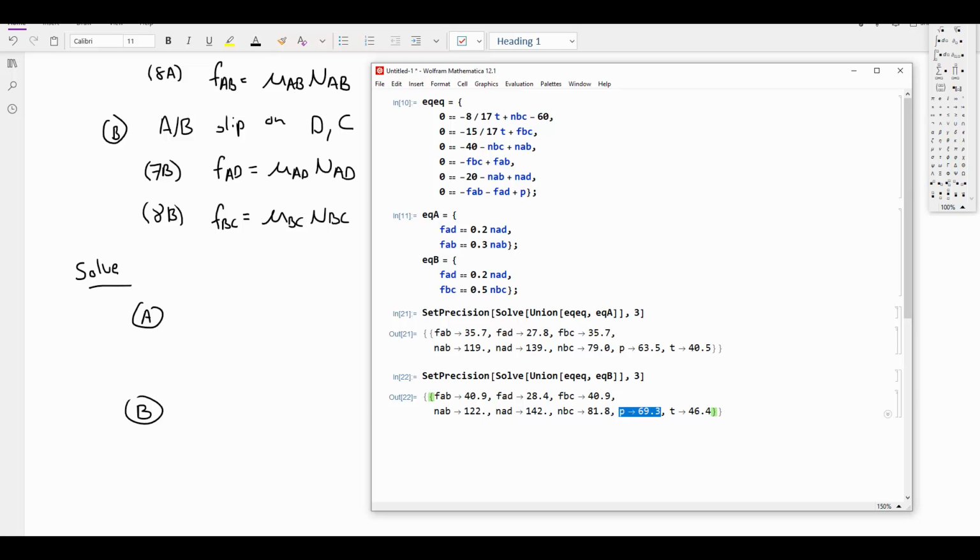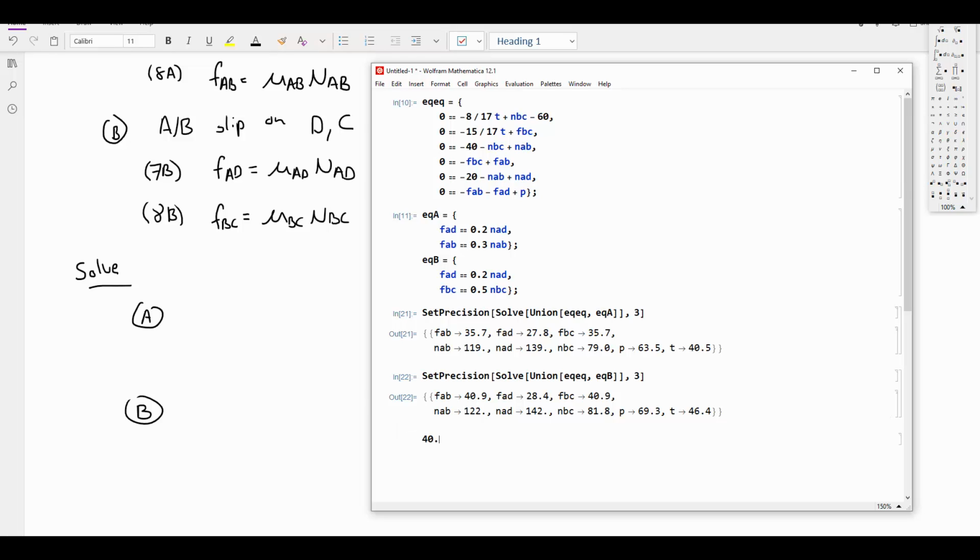Another thing we could look at is why scenario B is not the answer. Well, we can look at the friction forces and see if they are all feasible. We already enforced that FAD was at its maximum and FBC was at its maximum, but what is happening under this scenario to the other friction force, FAB, which is 40.9?